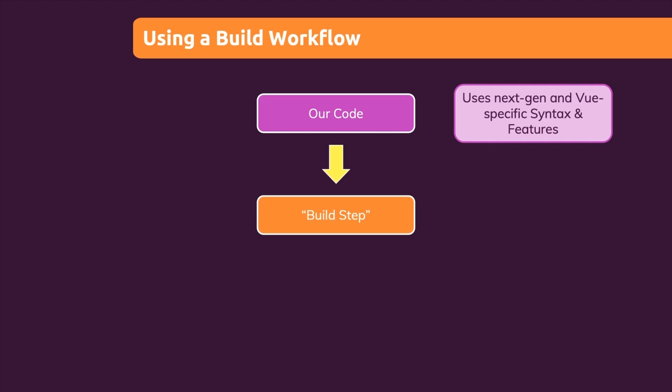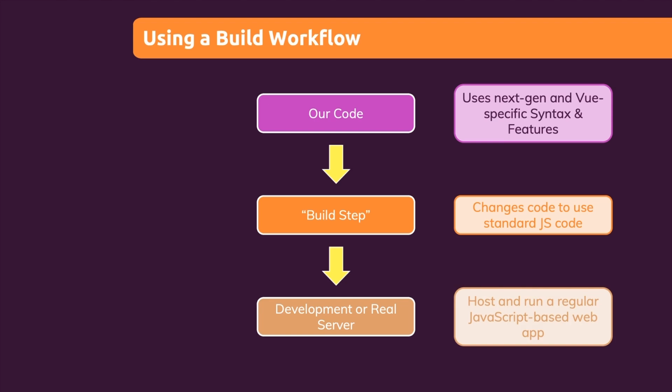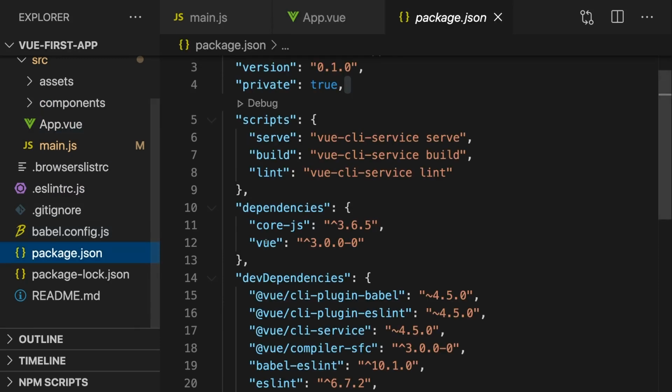So that build step is simply just a couple of transformations being applied to our code to change that code to standard JavaScript code with standard JavaScript features that do work in the browser. And then the development or real web server that hosts our app is able to show something on the screen because it only receives regular JavaScript code that just works. And in the end, our project also has such a setup under the hood.